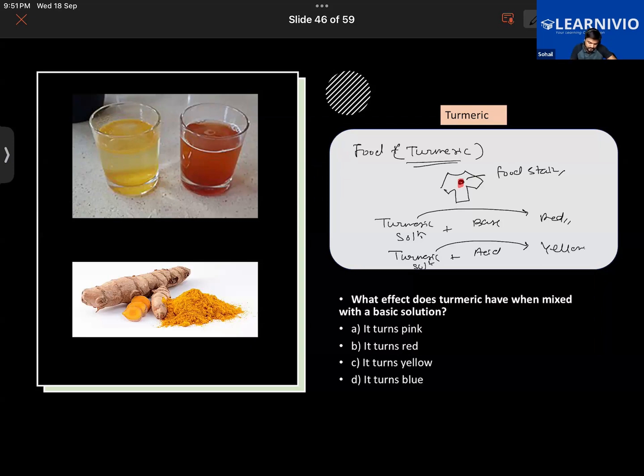Good. Okay, answer the following question here. What effect does turmeric have when mixed with a basic solution? That is correct.